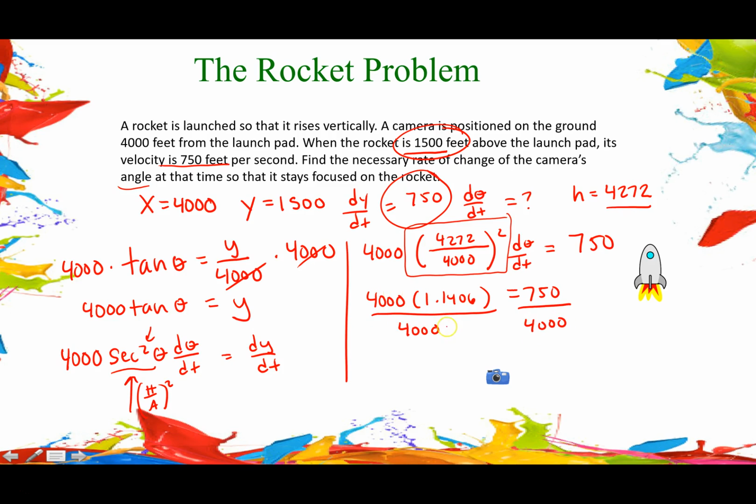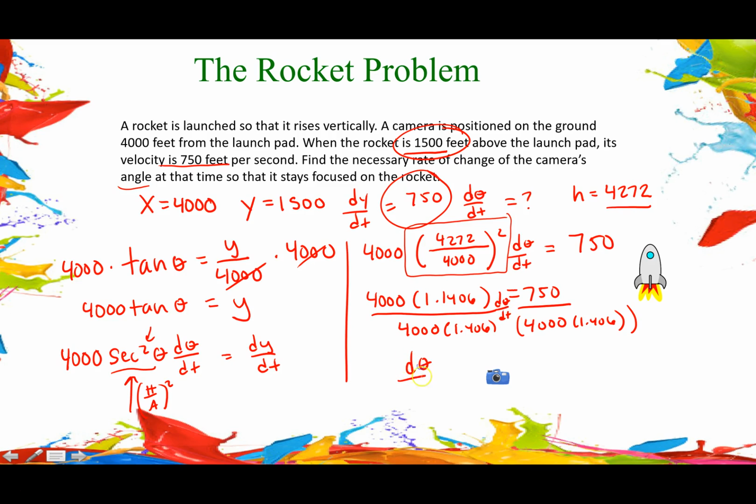Okay, don't forget your 1.406. Okay, and what do we get? 750 divided by, and make sure you put parentheses here if you're going to do this all in one step. So 4,000 times 1.1406. I missed my d theta dt, sorry.